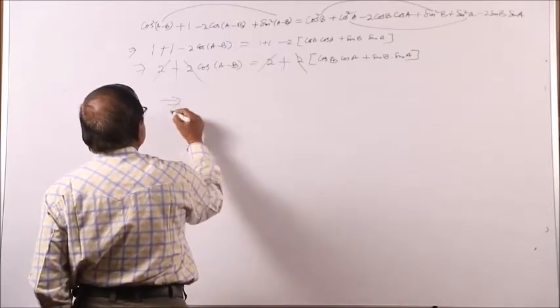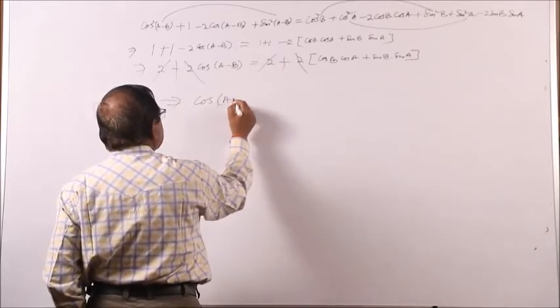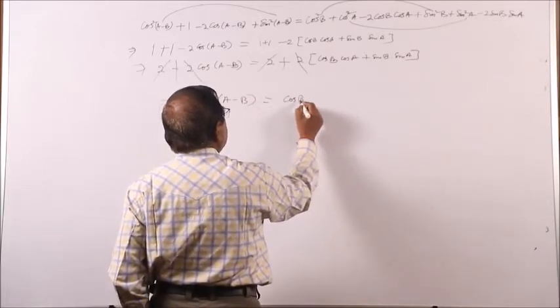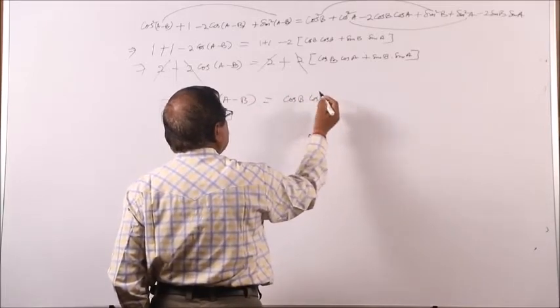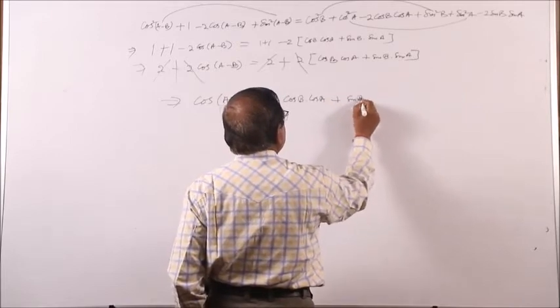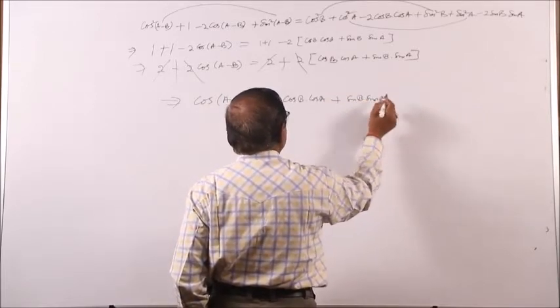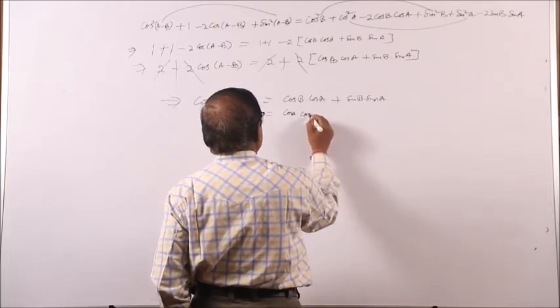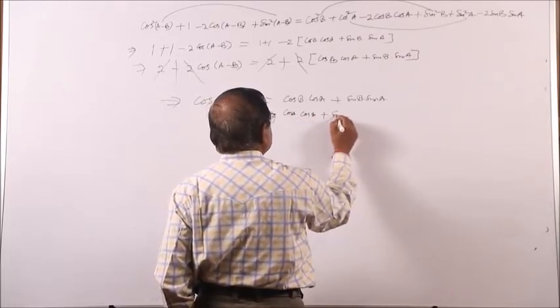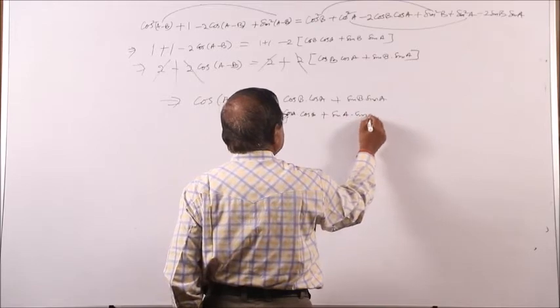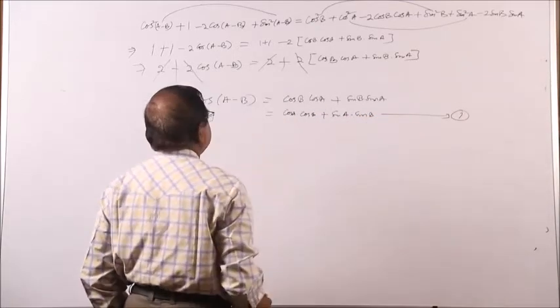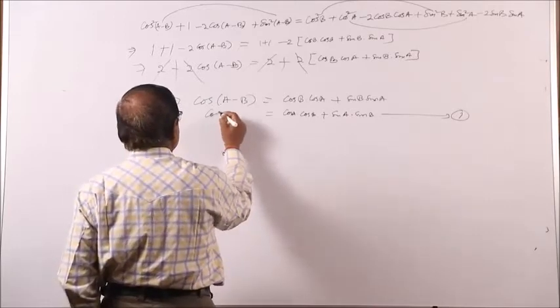What remains is cos (A minus B) equals cos B into cos A plus sin B into sin A, or simply you can write cos A into cos B plus sin A into sin B. This is one formula, this is cos (A minus B).